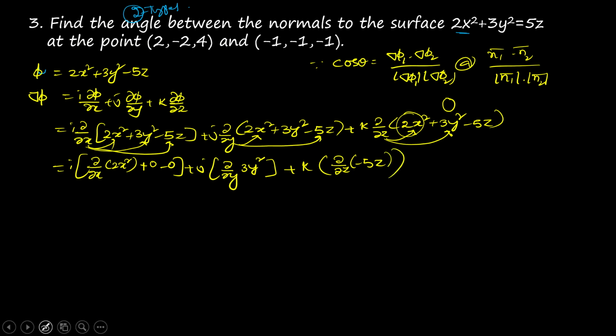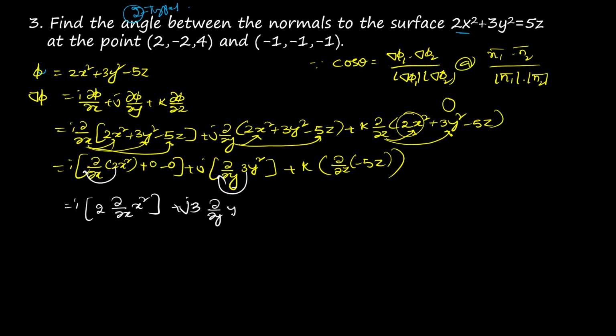Right. Now differentiating partially with respect to x. Here 2 as a constant is brought out from the derivative: i of 2 dou by dou x of x to the power of 2. Next, 3 as a constant, j differentiating with respect to y, so writing dou by dou y of y to the power of 2. Next, plus into minus, minus 5 is a constant, so bring out k dou by dou z of z.